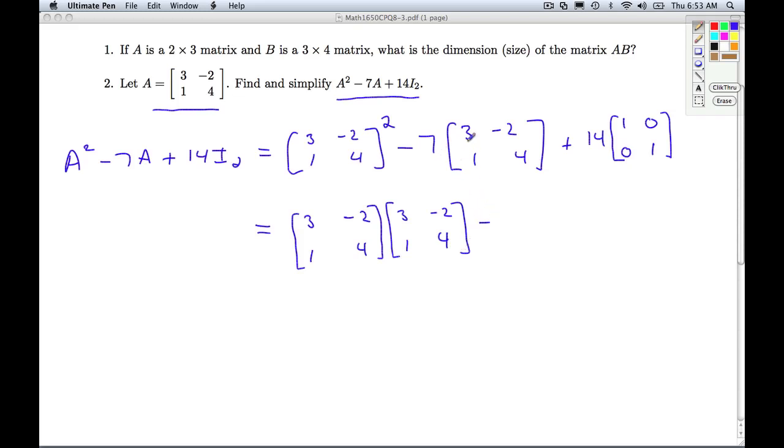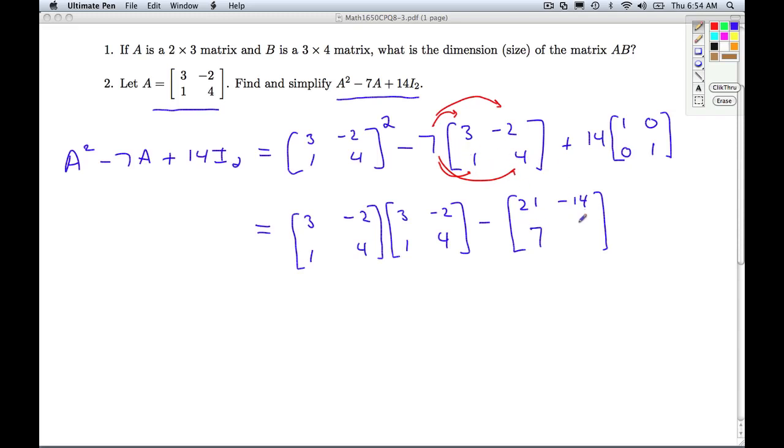Now I'm going to subtract from that 7 times this matrix. And how do you take a real number times a matrix? You take that real number times each of the entries. So 7 times 3 is 21. 7 times negative 2 is negative 14. 7 times 1 is 7.